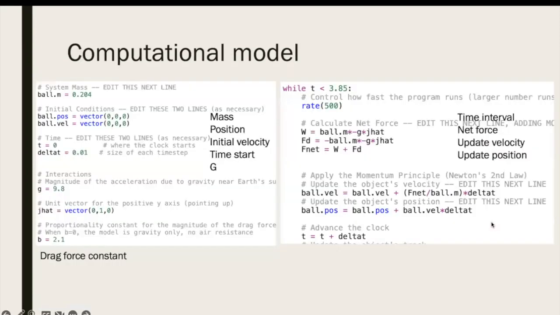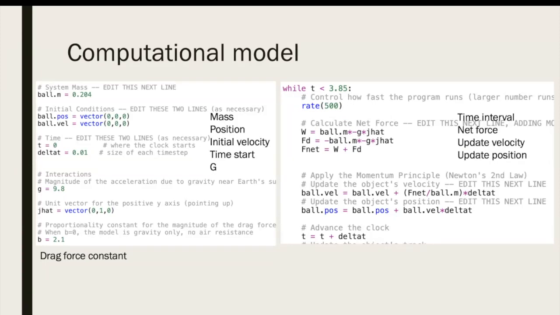So here's the computational model. First I define the mass and some initial conditions about the time and delta t, and also the gravitational force, and also the unit vector for the positive y-axis, and also the drag force constant.